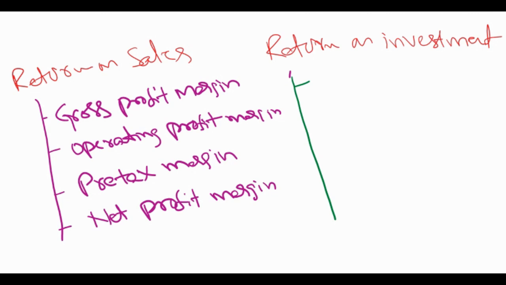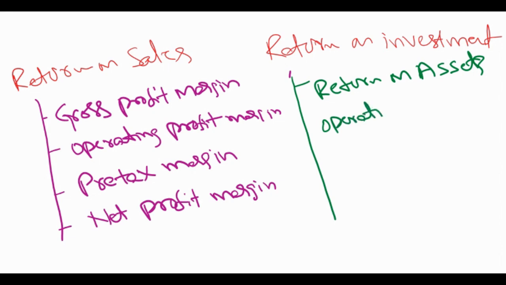It may be return on assets. This is one. Or let's say operating return on assets. We can call this operating ROA, return on assets.